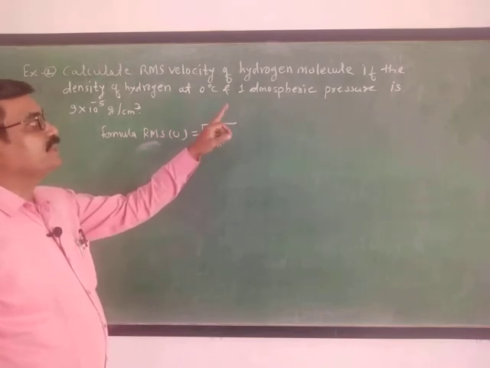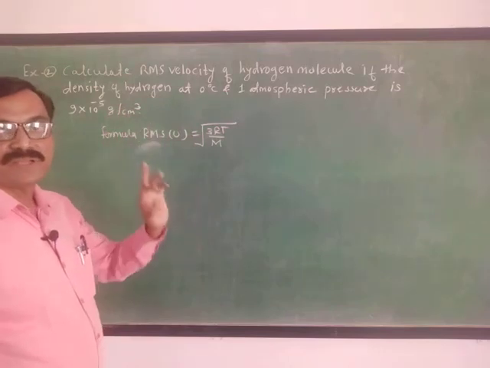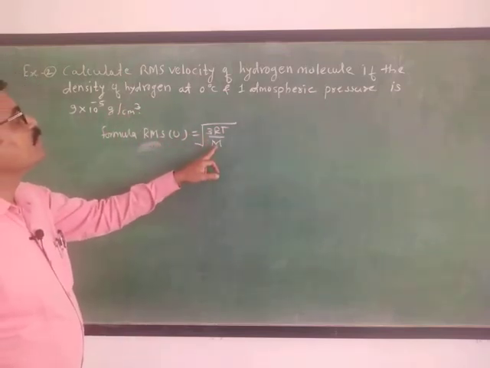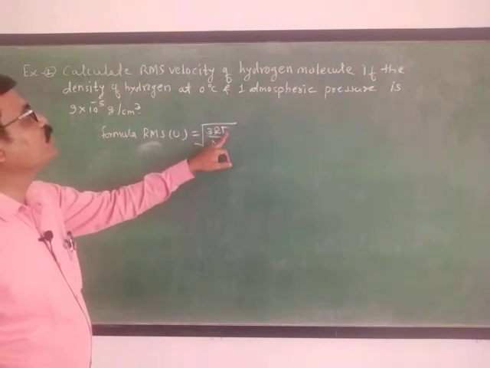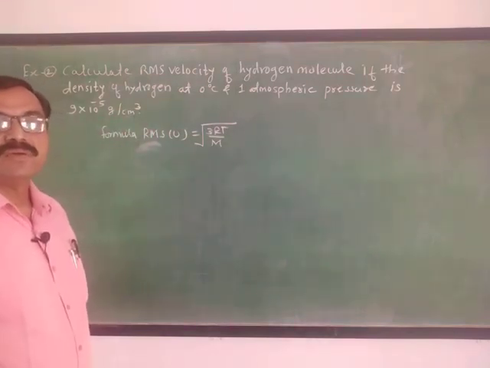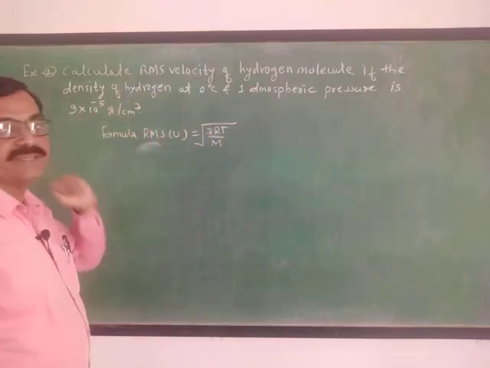T is the temperature. Here the temperature is 0 degrees Celsius. Then M is the molecular weight. But here molecular weight is known to you, R is known to you, T is known to you, but here density is given. That's why we have to convert this in terms of density.